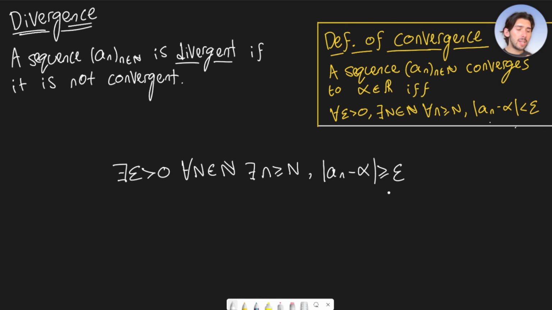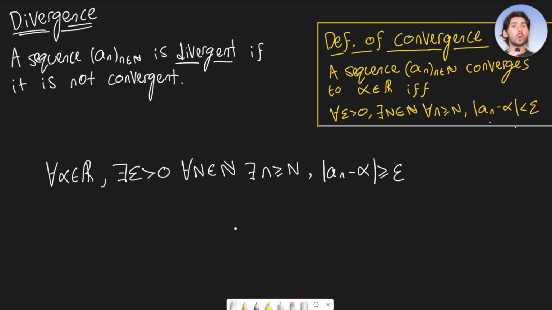We need this to be true for all alpha, so for every single alpha in the real numbers, what I've just written needs to be true. That's for a sequence not converging to anything. So I just need to add for all alpha in the real numbers to the beginning of this. So this is the definition of divergence.